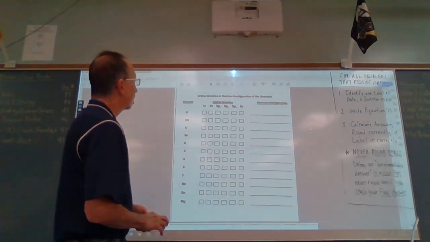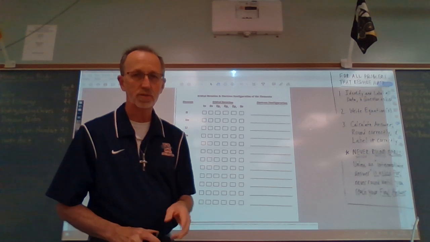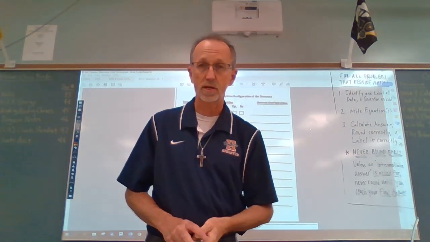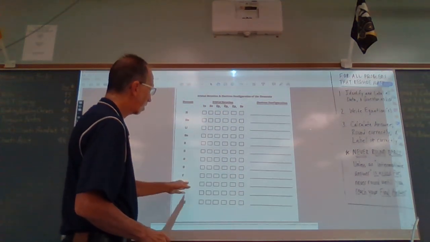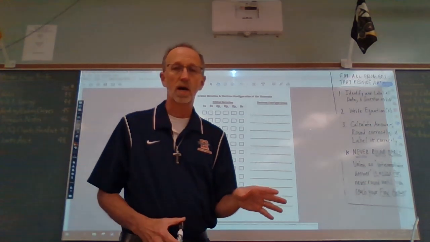So, orbital notation and electron configuration of the elements are 2 other ways of diagramming the electrons of the elements besides quantum numbers. We already know how to do quantum numbers, all right? Orbital notation is a shortcut of quantum numbers.